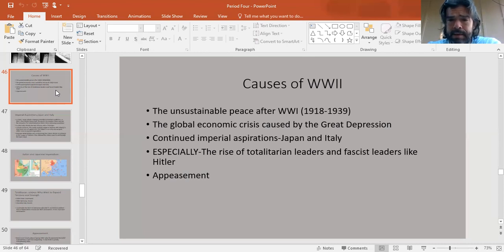Number one, in the democracies that won, the United States, Britain, and France, it causes this enormous domestic crisis: unemployment, closure of banks, a full-on economic collapse that we haven't seen in the modern world yet.